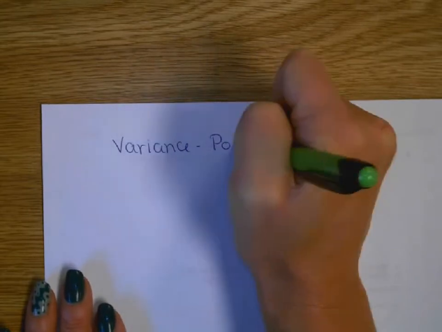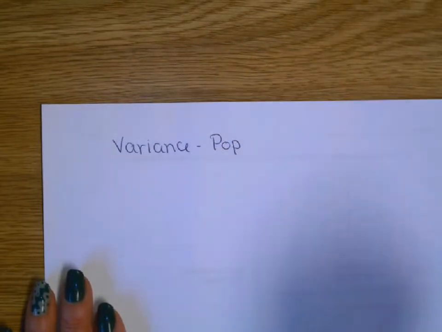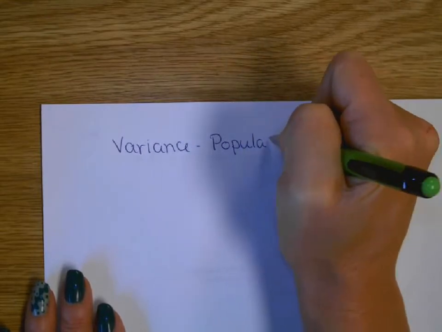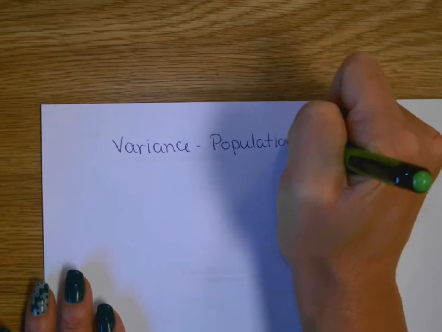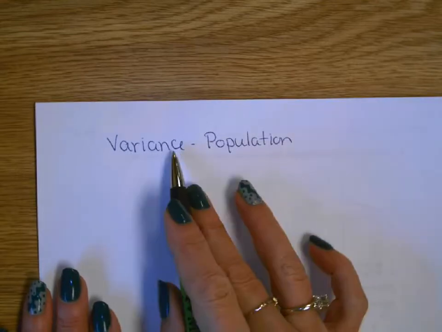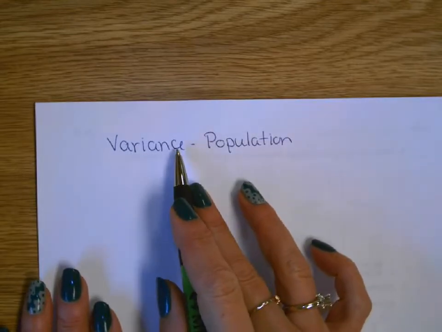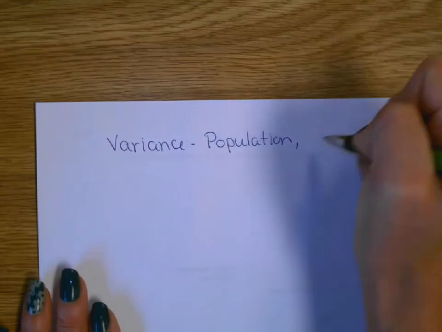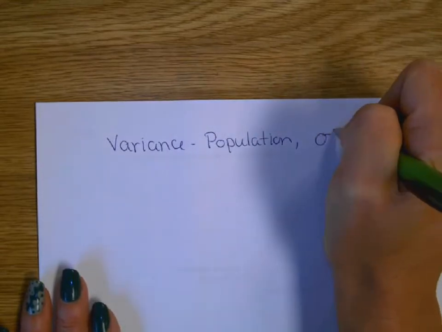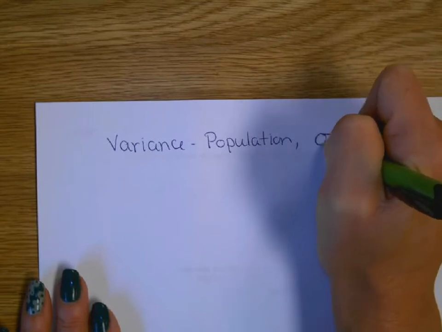For a population data set, because it's going to be different for a sample. Okay, and we do have the symbols we're going to start introducing. The symbol for population variance, back to Greek letters, it's lowercase sigma with a squared on it.